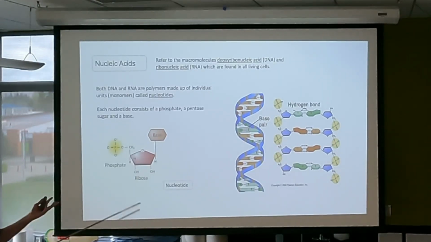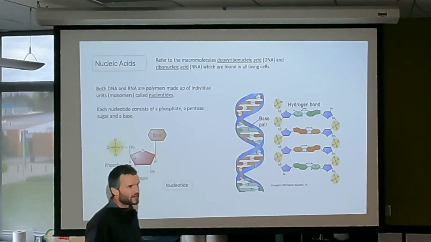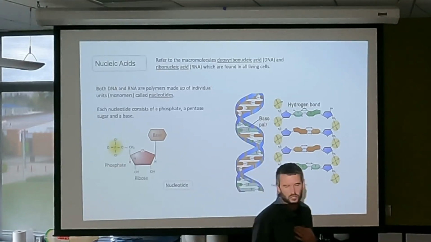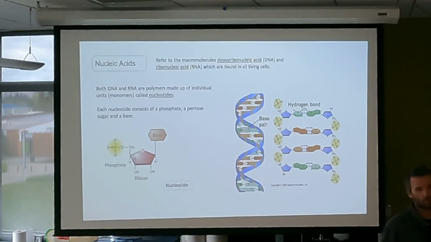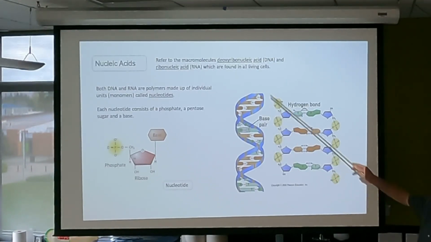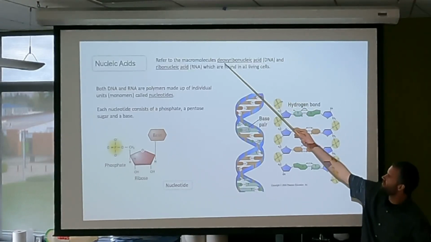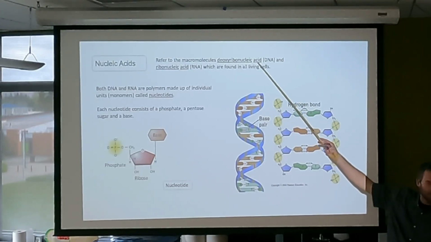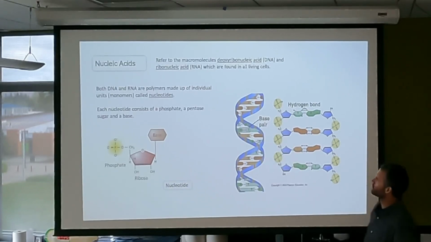All right, so today we're going to talk about nucleic acids. And honestly, I think when we're talking about structures of all of these, nucleic acids are the most difficult to conceptualize and wrap your head around. Nucleic acids refer to both DNA, which is deoxyribonucleic acid, and also RNA, which is ribonucleic acid.